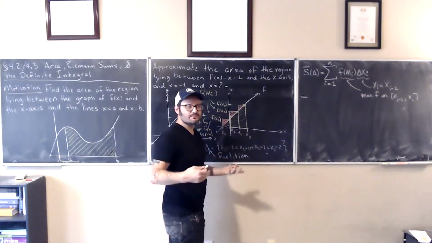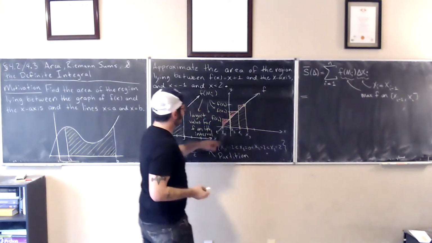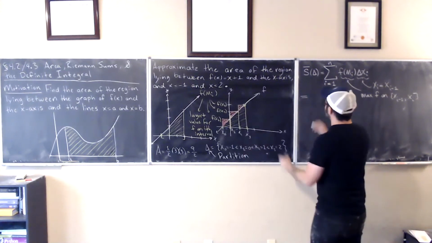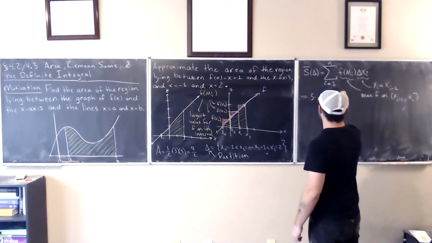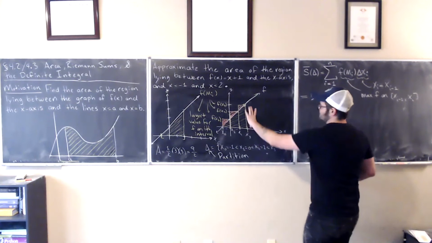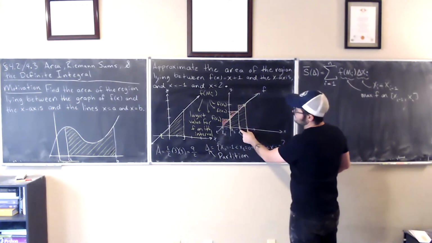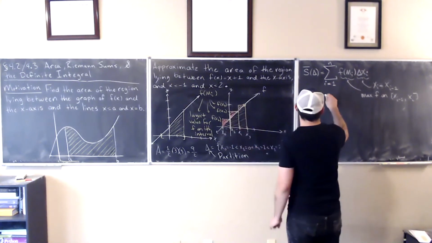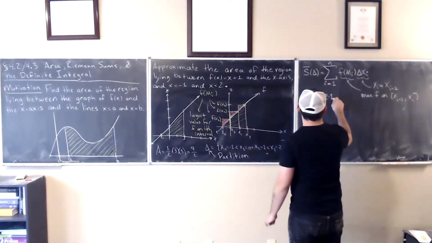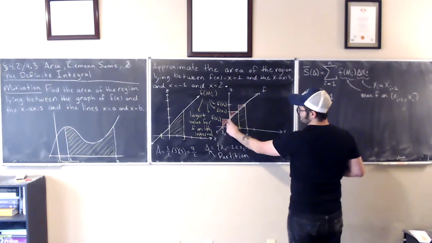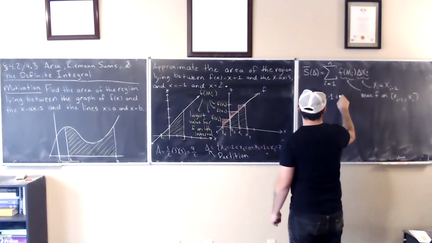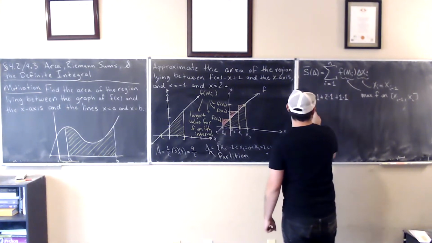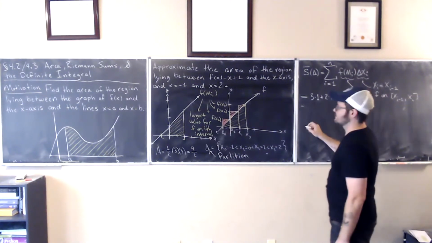Again, I picked it for convenience. So what's f of x3? It's going to be 3 times 1. Then x2 is 1, so it'd be 2 times 1. And then finally, 1 times 1. So we get 3, 5, 6.